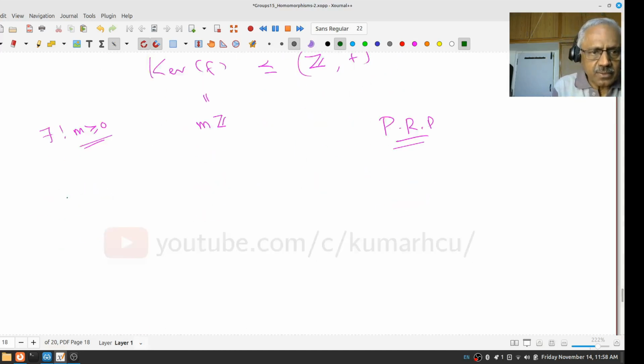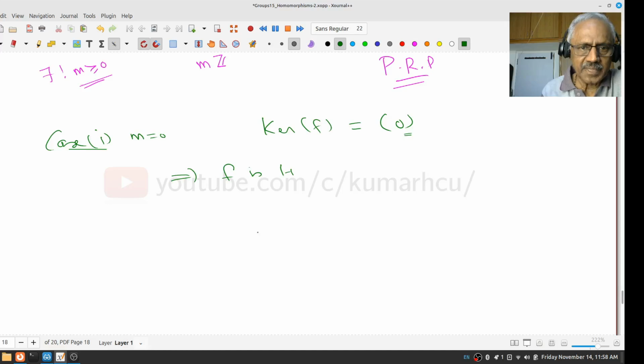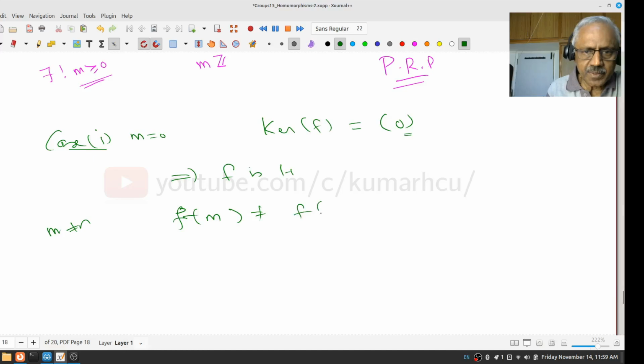Right, now case 1, m is 0. If m is 0, what does it mean? Kernel of f is the singleton 0, that is the additive identity. That means f is 1-1, from the earlier result. That means if m is not equal to n, f of m is not equal to f of n.